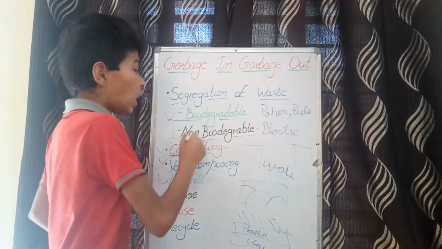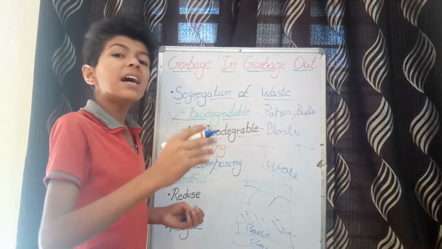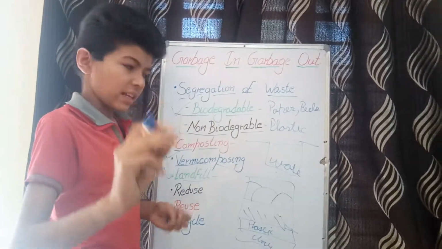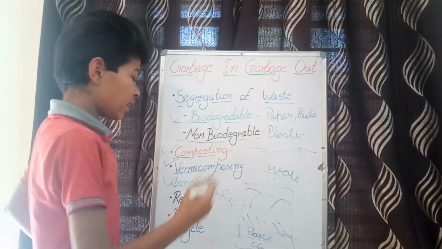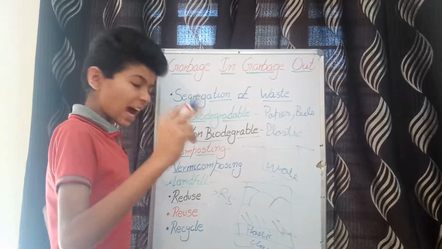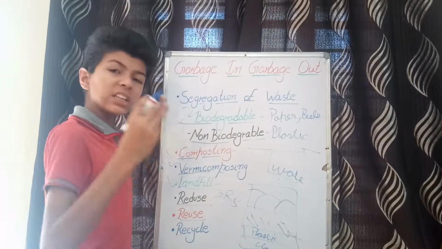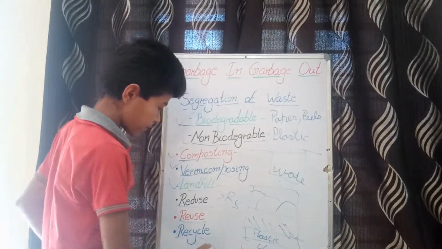Management of non-biodegradable waste can be done by following the 3 R's: the first R stands for reduce, the second R for reuse, and the third R for recycle.